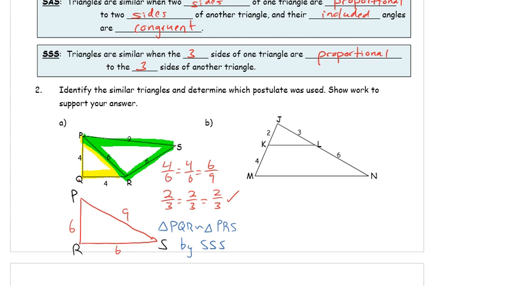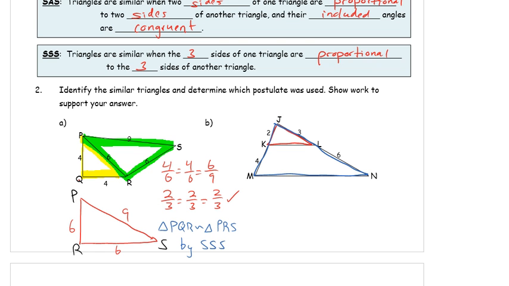Looking at the next one, okay, let's see what we have here. We know we have two triangles. I'm going to use just the pen this time. We have that triangle, and then we have this bigger triangle. Okay, so we want to see what we can do here.